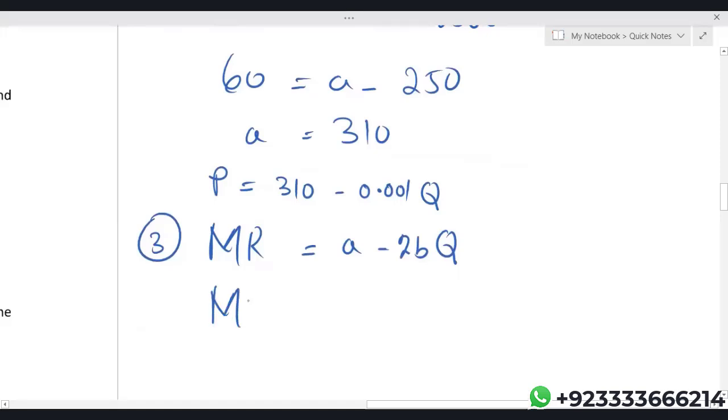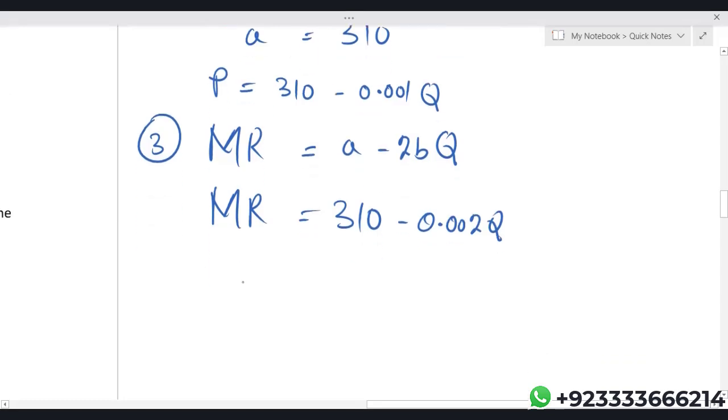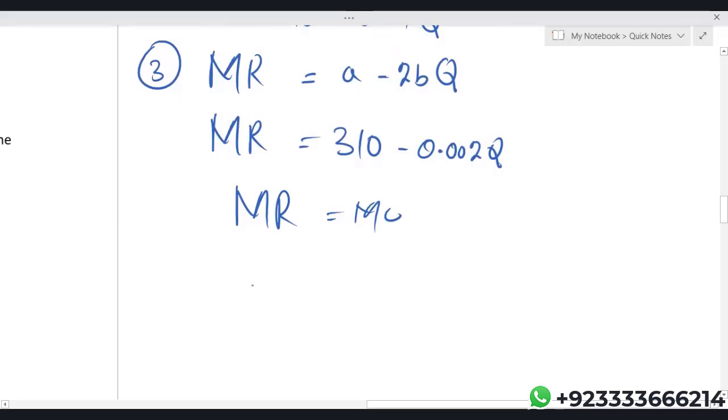So marginal revenue is equal to 310, just 0.001 multiplied by 2, you will get 0.002Q. And profit is maximized when MR will be equal to MC, or MC is equal to MR. MC is 21.